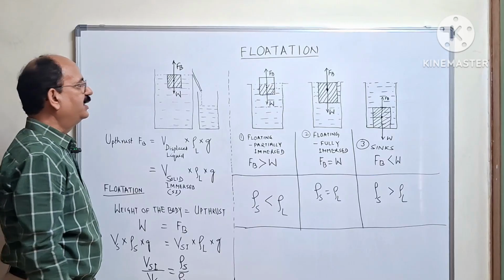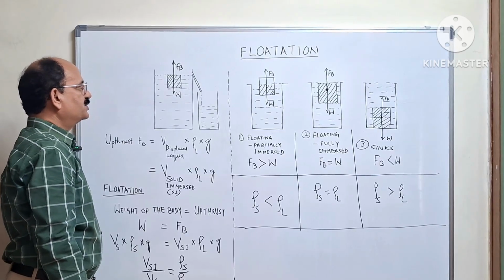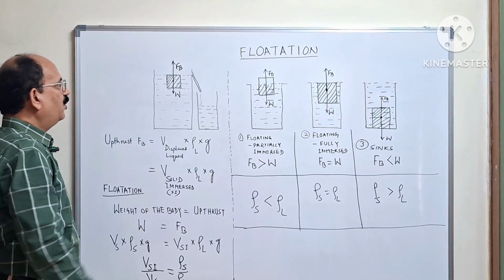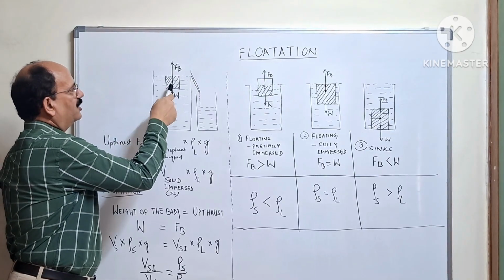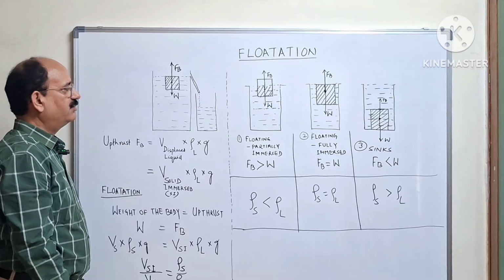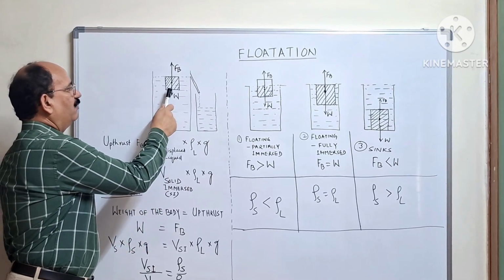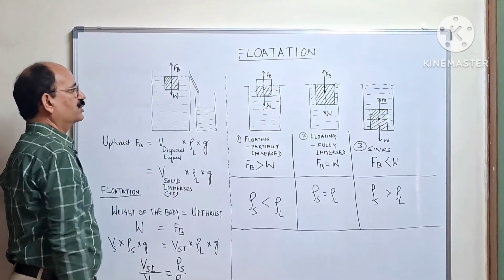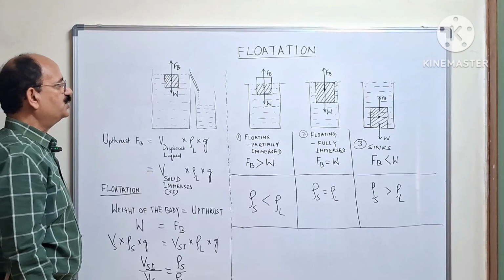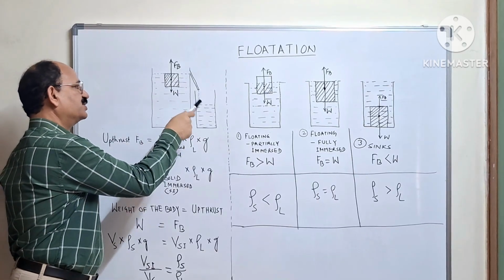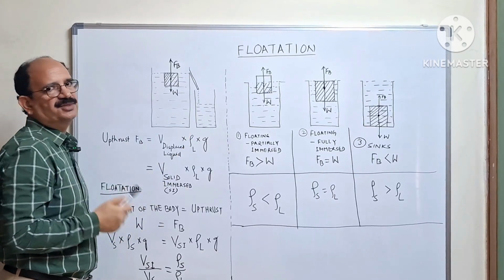Okay. So whenever you put any solid object in liquid, here the case of water, this object will experience an upward force equivalent to the water which has been displaced, or the liquid which has been displaced.